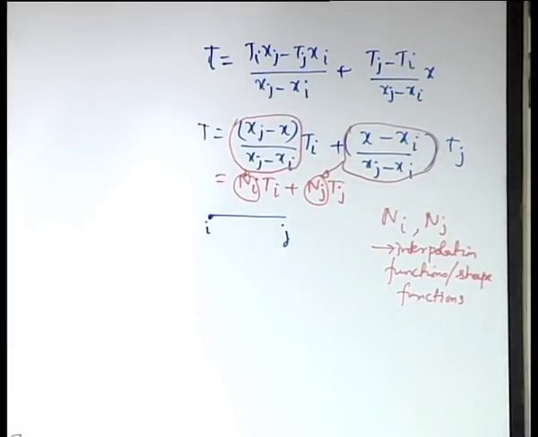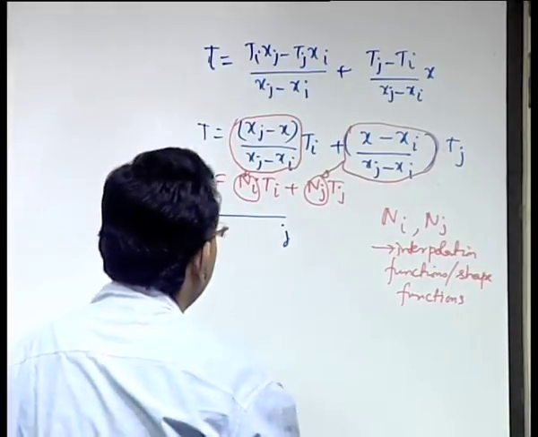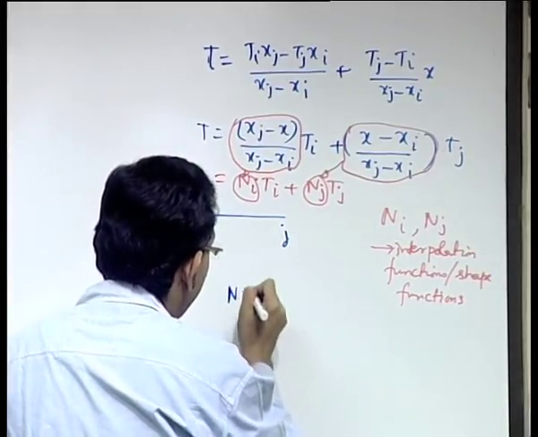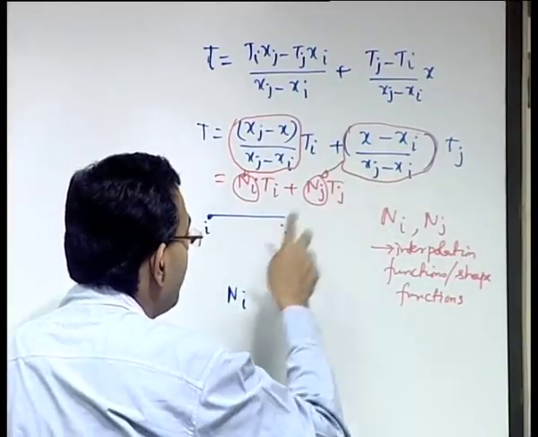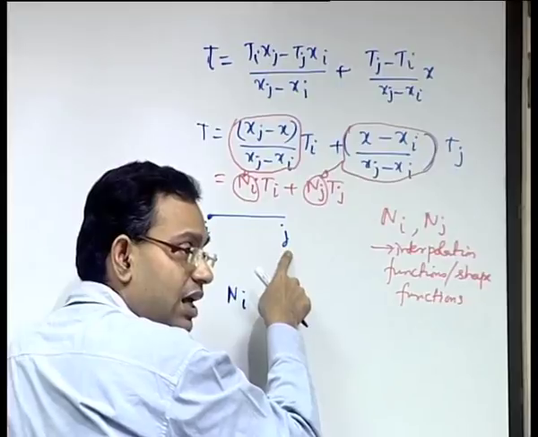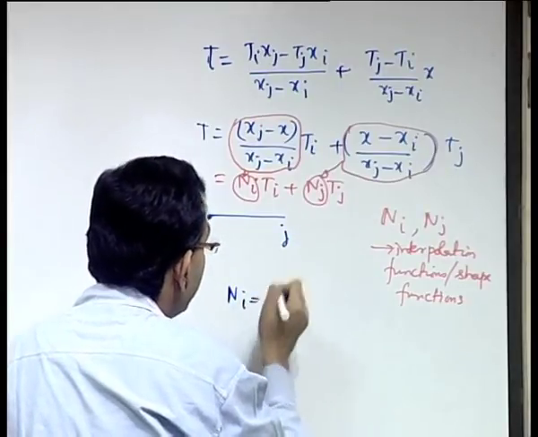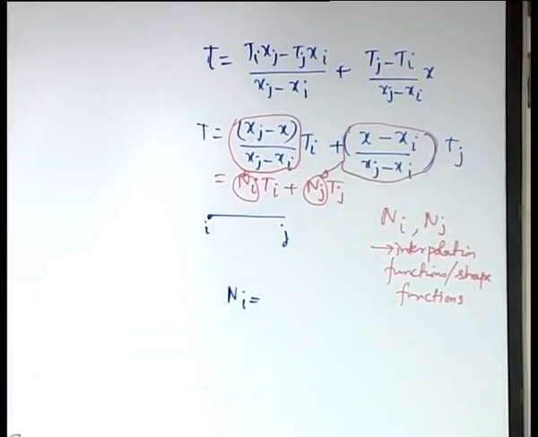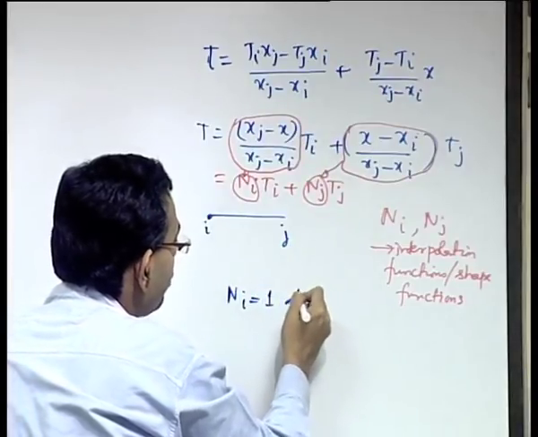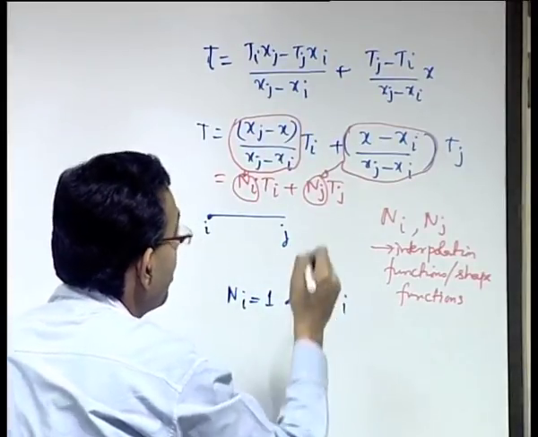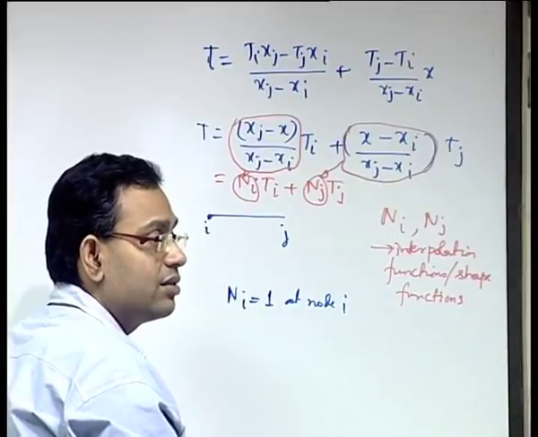Interestingly, you can see one very important property of these shape functions. What is the value of Ni? See, these functions are defined at discrete points i and j. Ni equal to what at node i? At node i, x equal to xi. So, Ni equal to 1 at node i, and what is it at node j?